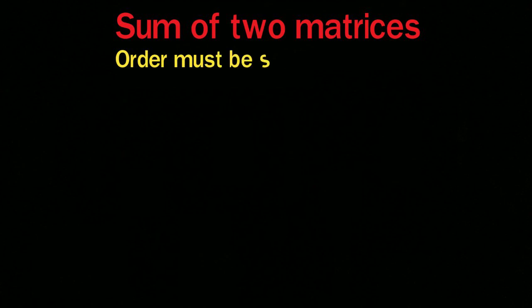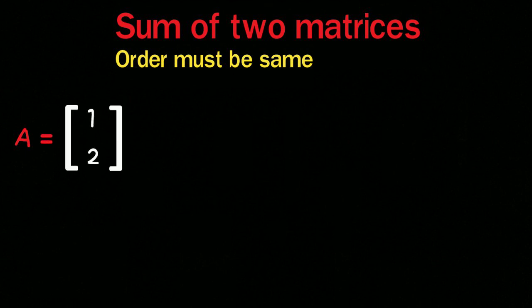Now let's move on to how you can sum 2 matrices. In order to sum 2 matrices, first you need to know that they must be of the same order. What does it mean by the same order? For instance, let's say we have matrix A, which is 1, 2, so we have 2 rows and 1 column, so it's a 2 by 1 matrix.